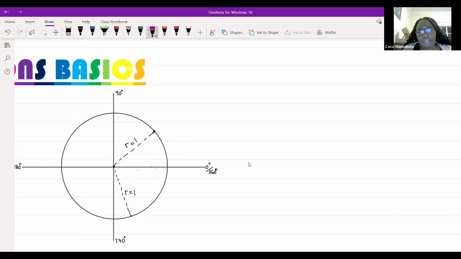Because at every given point on my circle, the radius is 1, I can create multiple triangles, but every single triangle is going to have a different angle. So I can draw a very tiny triangle, and my theta is going to be equal to 1 degree. And then I can draw another one for 2 degrees, and another one for 3 degrees, 4 degrees, 5 degrees.